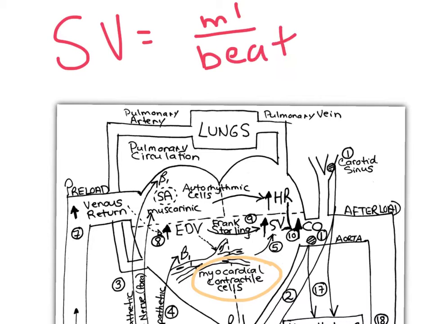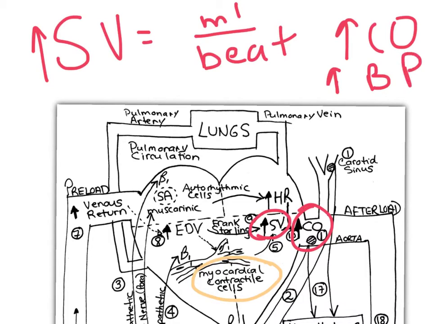So if we increase stroke volume right here, we're going to increase cardiac output. If we increase cardiac output, we increase blood pressure. And remembering that this overall scheme is a response to a decrease in blood pressure, the response we're looking for is an increase in blood pressure. So the myocardial contractile cells are playing a role by increasing the stroke volume.